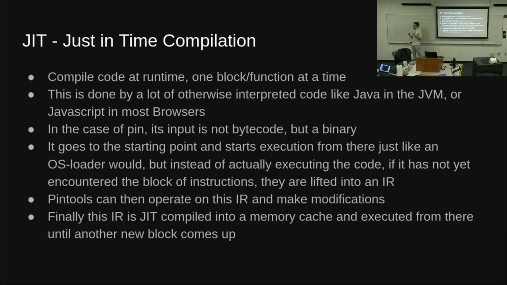It takes the ELF and generates some internal mapping of it. Next, to actually execute it, it's going to go to the start location. So let's say you parse your binary, and inside of the ELF header, there's a field that says what the address is of the first instruction that's going to be executed.